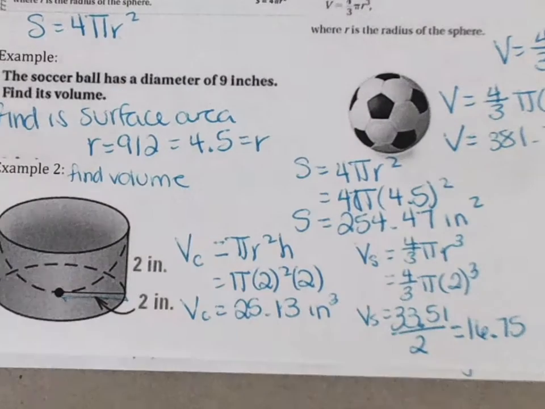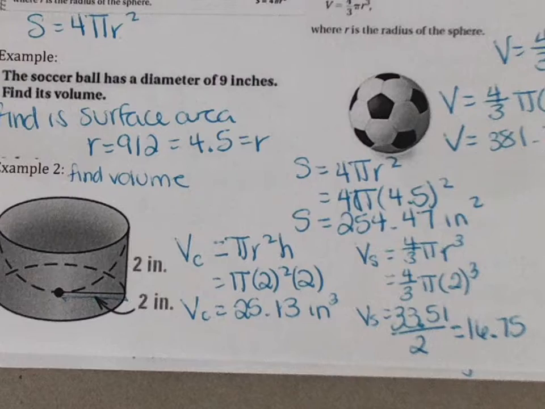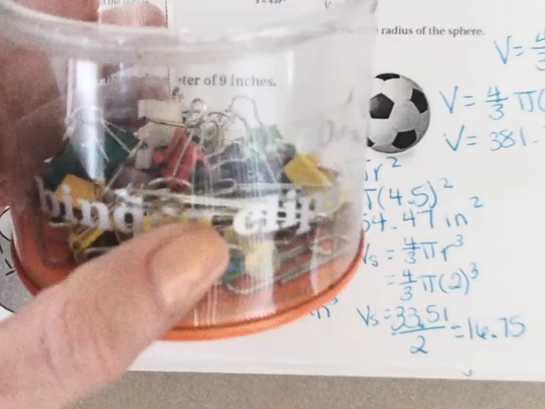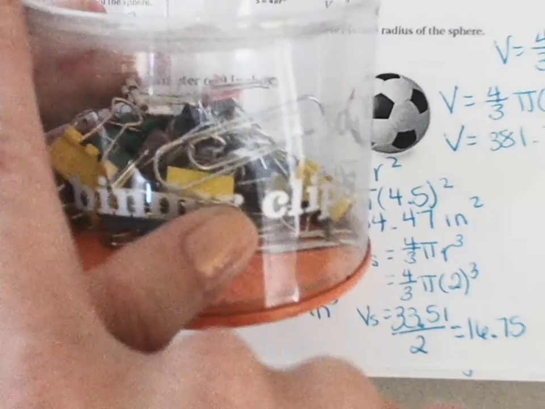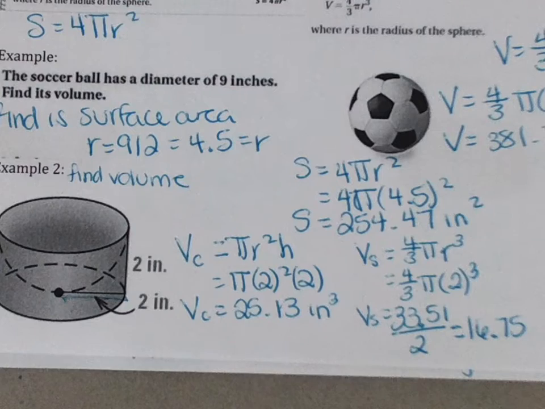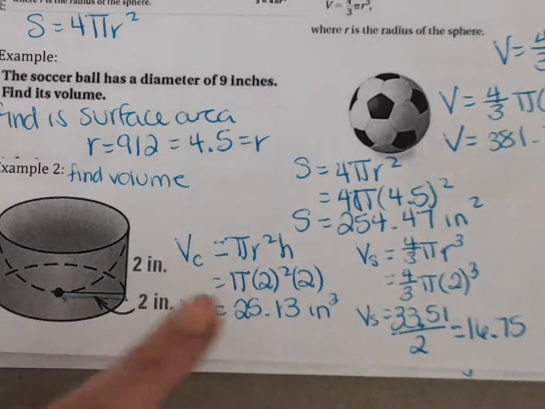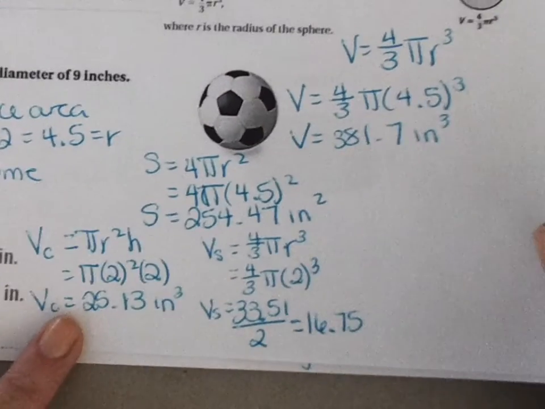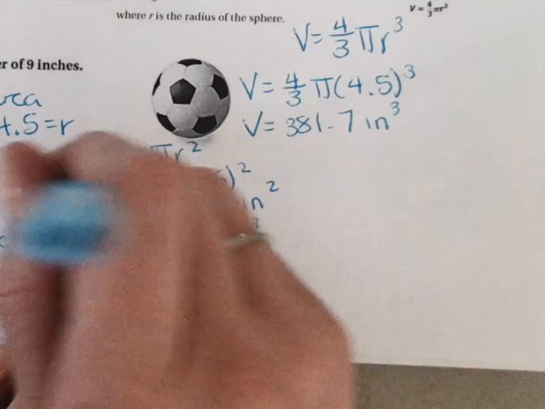It's only half, so it's as if I took this right here, which is a cylinder, and then I cut out a scoop. Or think about when you take a scoop out of ice cream. If I'm taking it out, that means I'm subtracting it from the cylinder. So over here, this is a different problem.